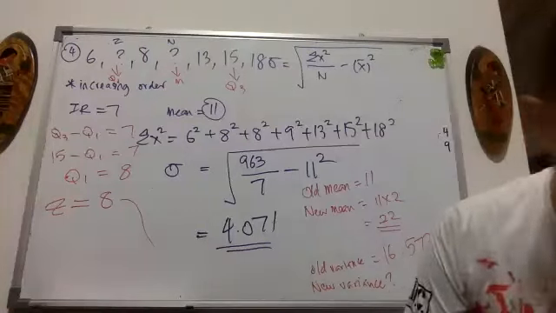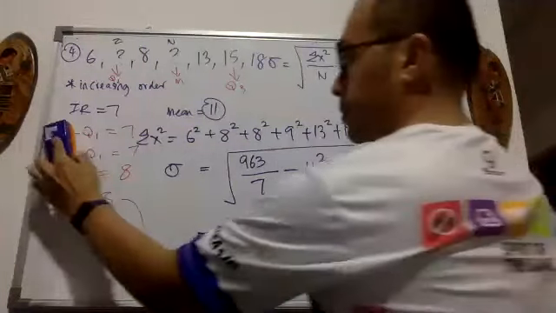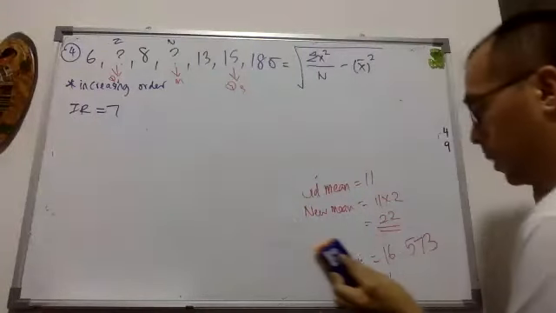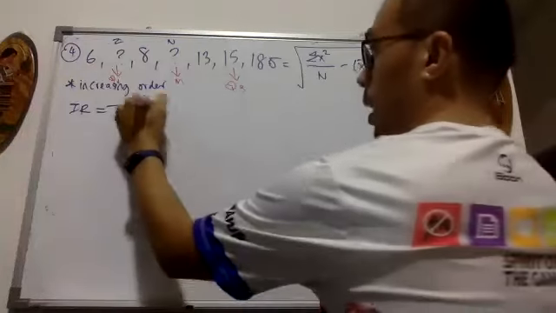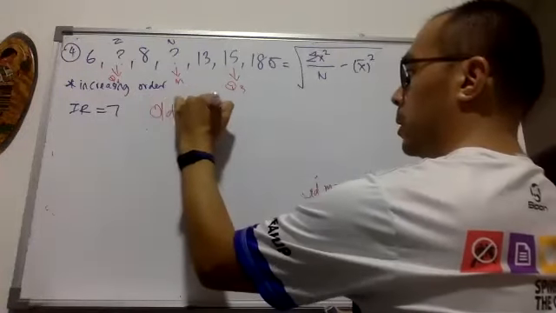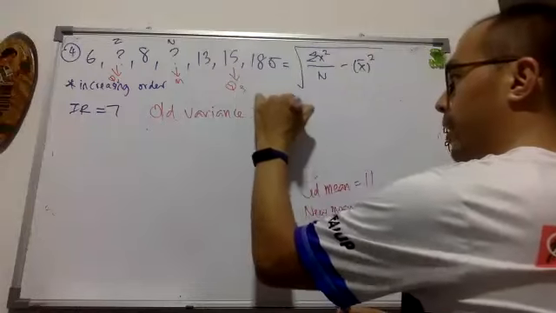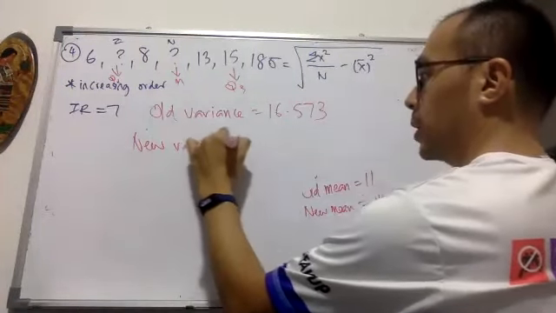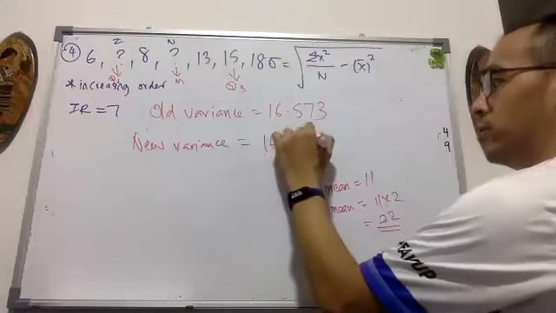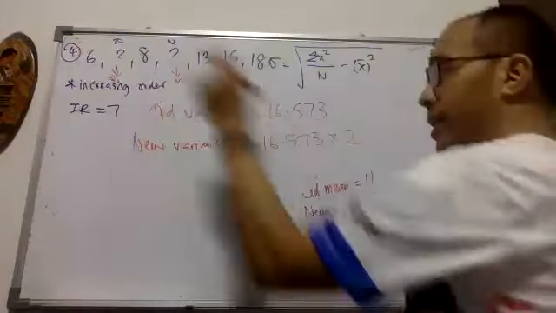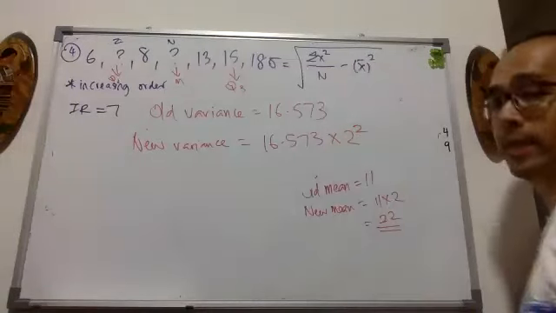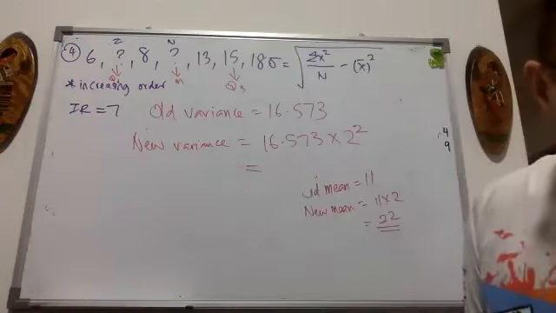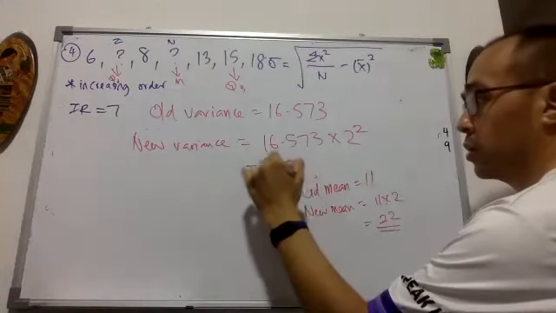So our old variance is 16.573. Our new variance is 16.573 times 2, because everything was times 2, but we need to square this. Times 2 squared, then we will get the final answer, which is 66.2.